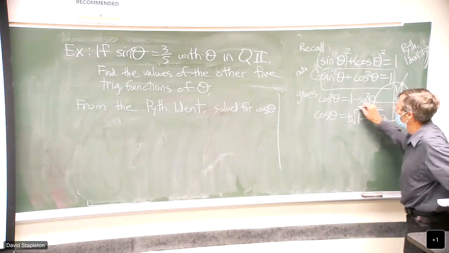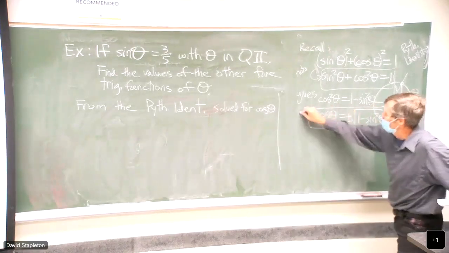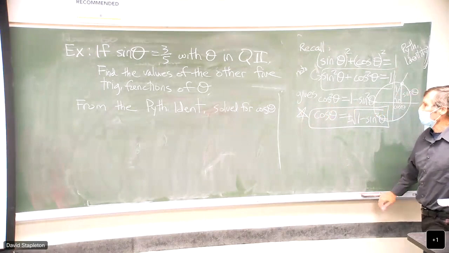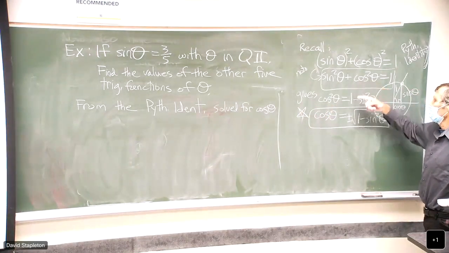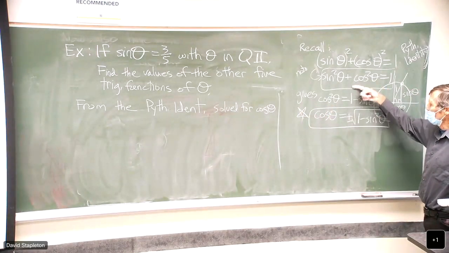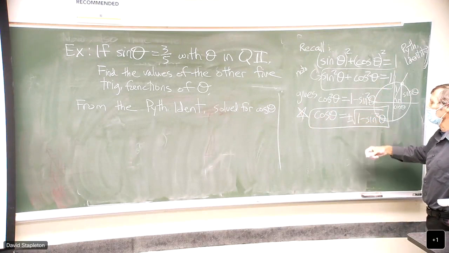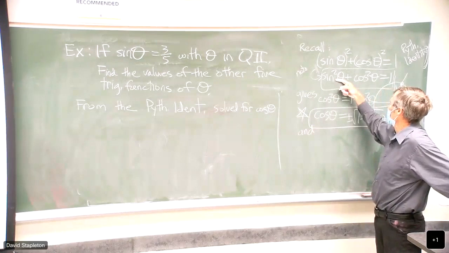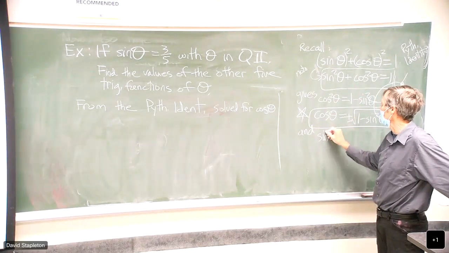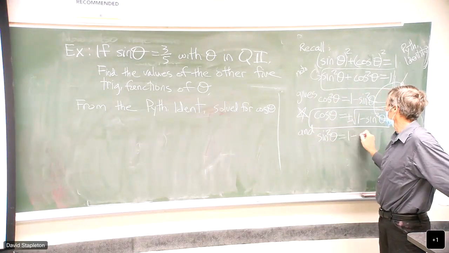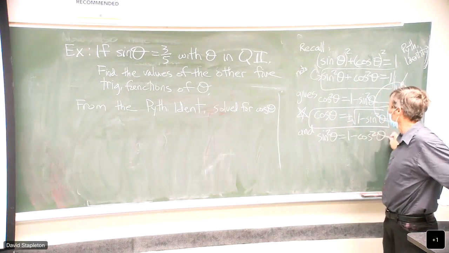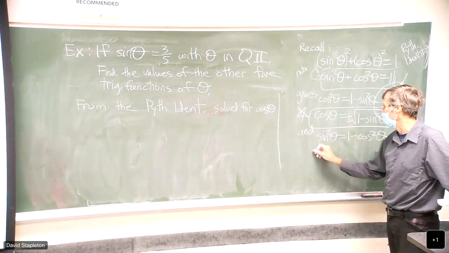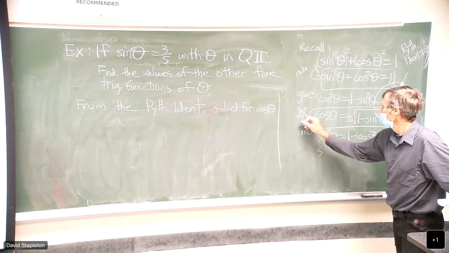So I call this the Pythagorean identity solved for cosine. You need to know that because even though this is the important identity, I'm going to start here to save doing these two steps over and over all semester. And we have one more from here. If we subtract cosine squared from each side, we get sine squared equals 1 minus cosine squared. And then when I square root both sides, the square root of the square is sine.